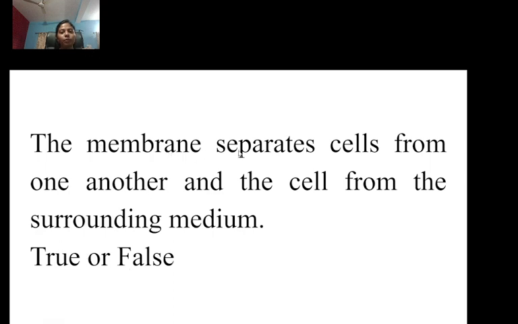What do you think about this? True, right? And why do you think it's true, Suman? Because the plasma membrane is a membrane that separates the compartments from one another and the cell from the surrounding medium.